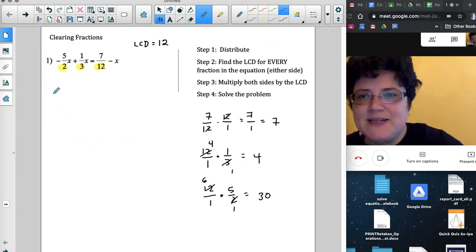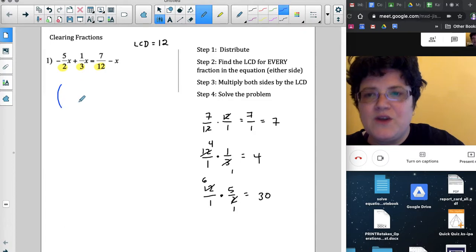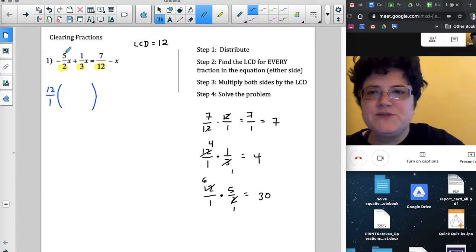So here's how we're going to use this little strategy, this little tool. I'm going to take this whole equation and multiply the left-hand side by 12 over 1. I'm just going to rewrite this problem here.